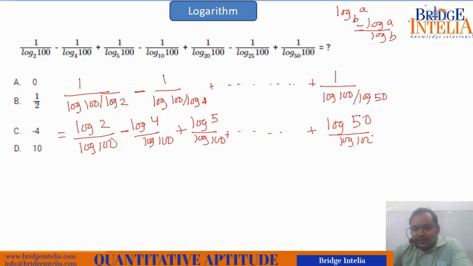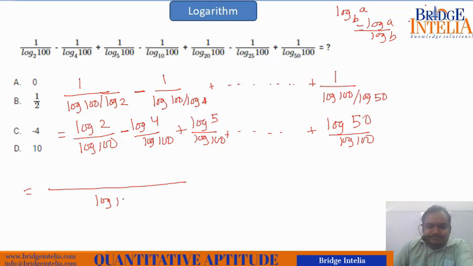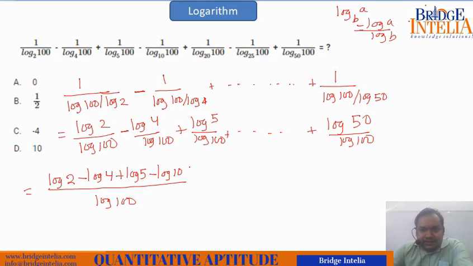You can take log 100 as common in the denominator. So the numerator now becomes log 2 minus log 4 plus log 5 minus log 10 plus log 20. As you can see, the sign is plus here. Then minus log 25 and ultimately plus log 50.